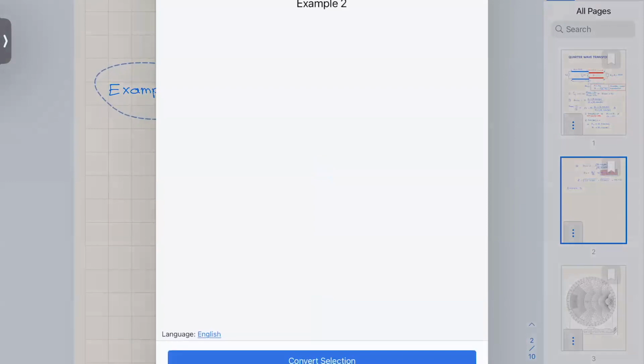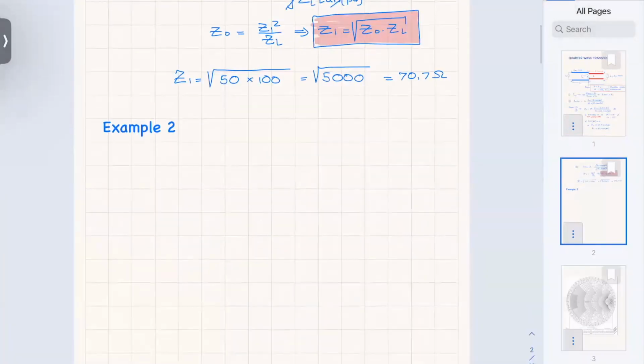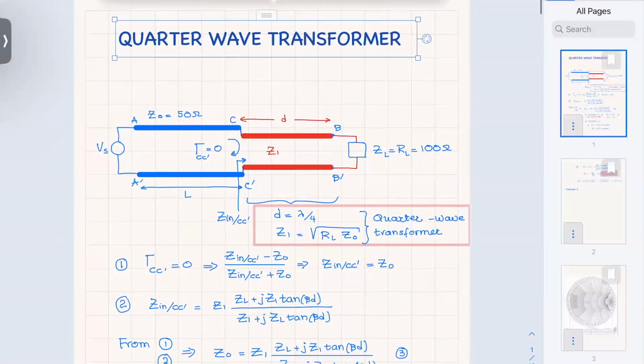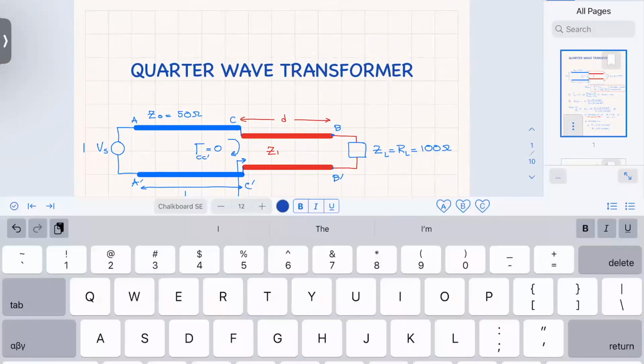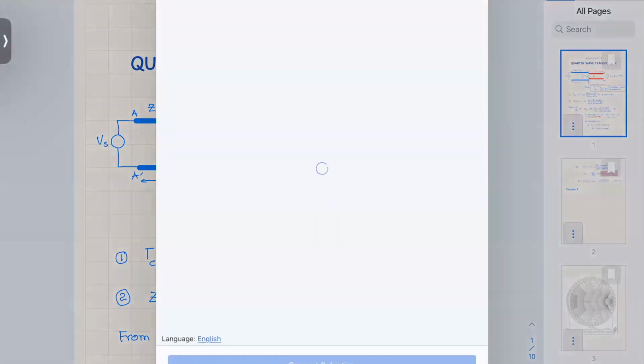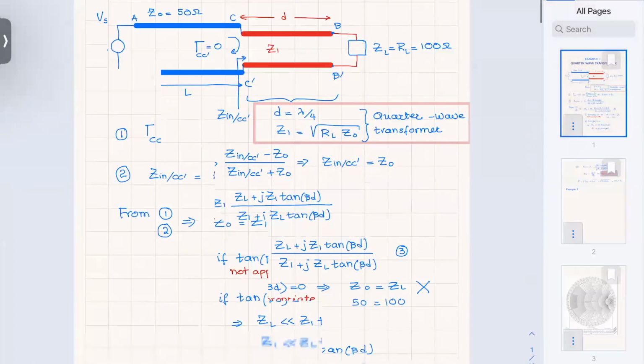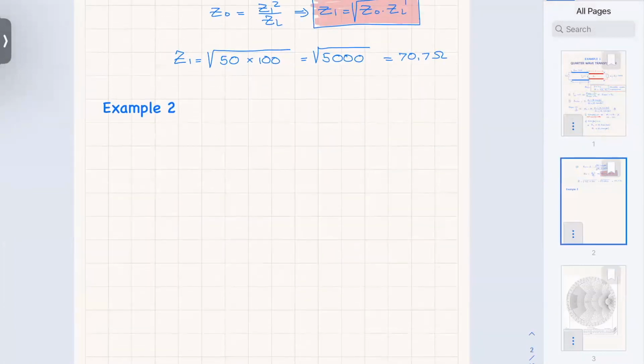Okay, example 1 was rather this one, the quarter wave transformer. Let me label it, because we did it as an example. Example 1. Okay. Example 2.